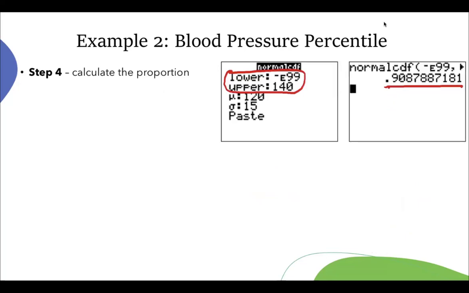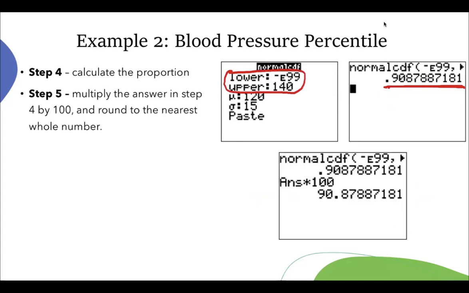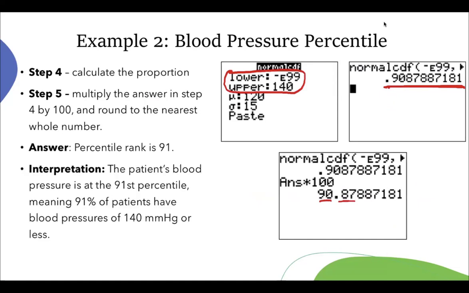So when I get about 0.91 out of my calculator, it makes sense. I multiply that by 100 and round to the nearest whole number, 91. So our percentile rank here is 91.